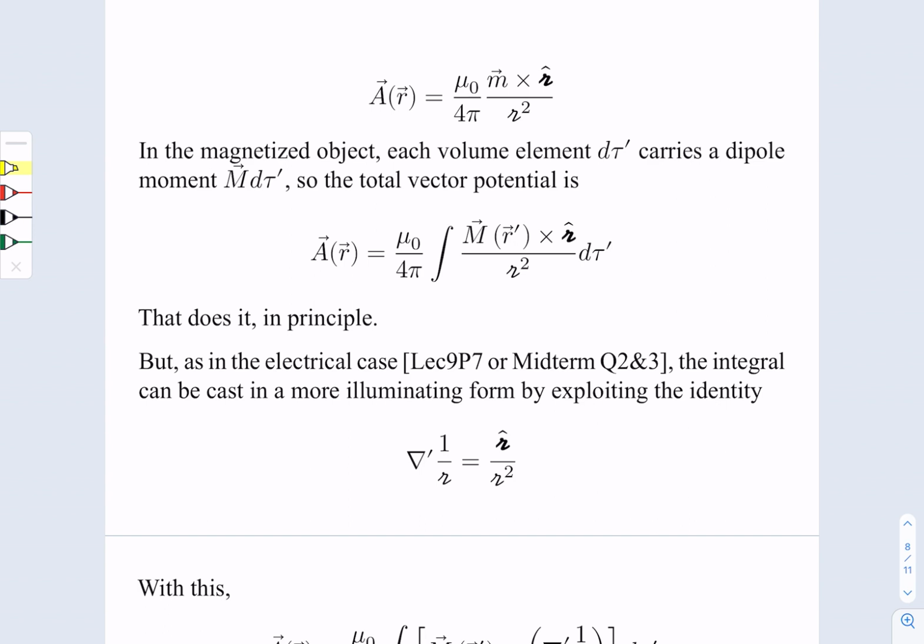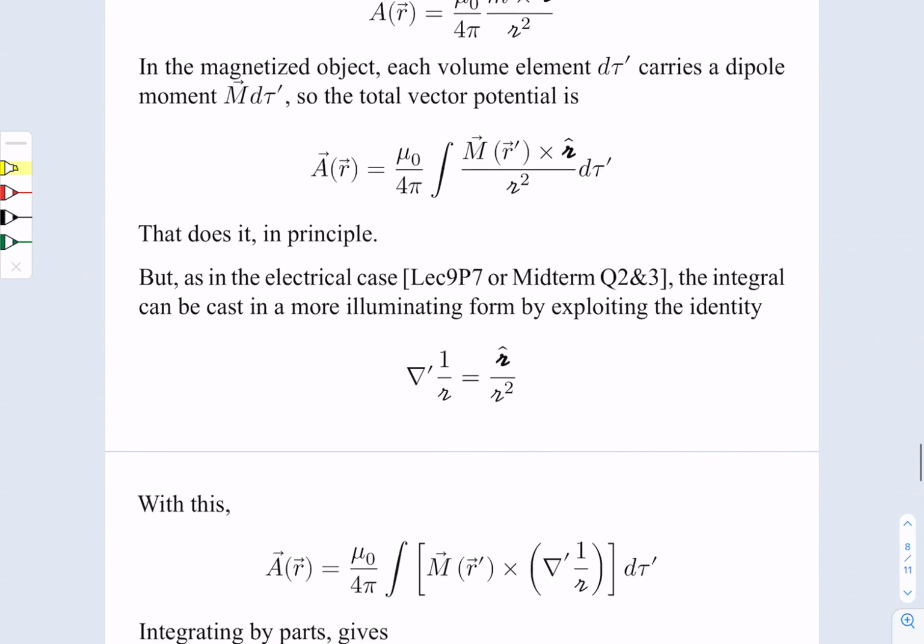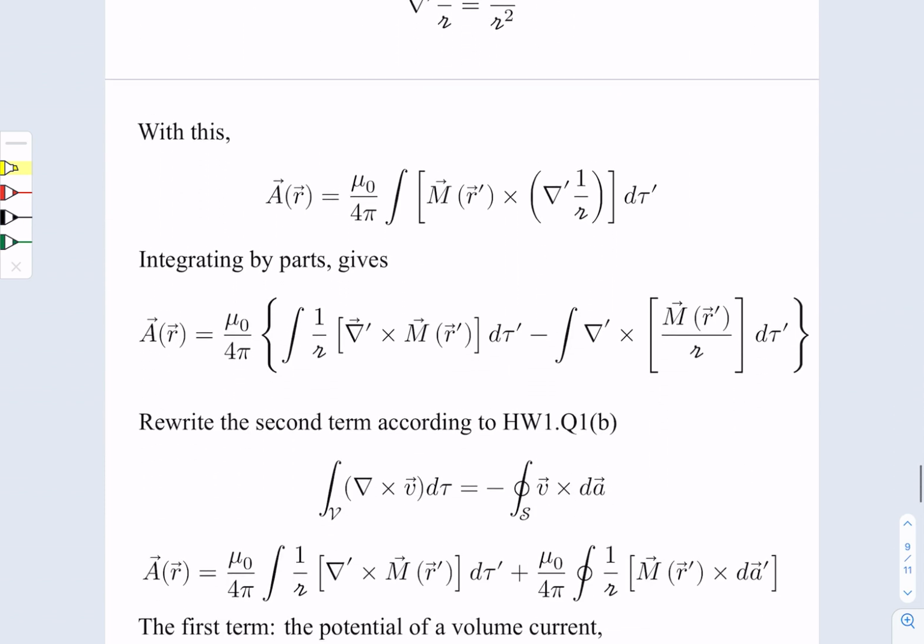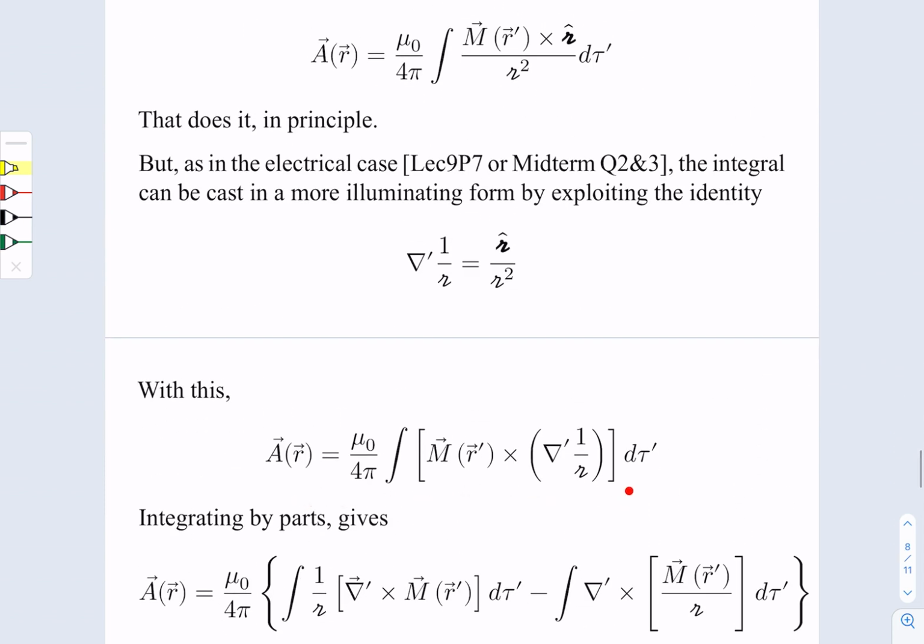So the corresponding scalar potential is 1 over the separation vector. Now we can replace the expression here by del prime of 1 over the separation vector. So I simply copy it down here.